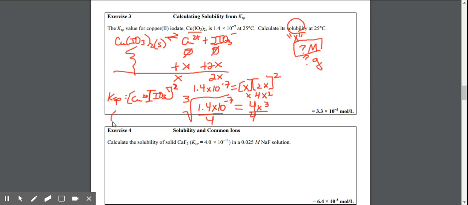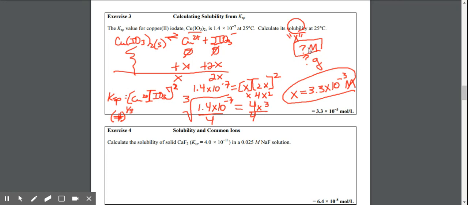That's also how you take a cubed root. So when you solve for that, you find x, which is equal to 3.3 times 10 to the negative 3rd, and that is in terms of molarity. So that's how we answer solubility in terms of molarity.